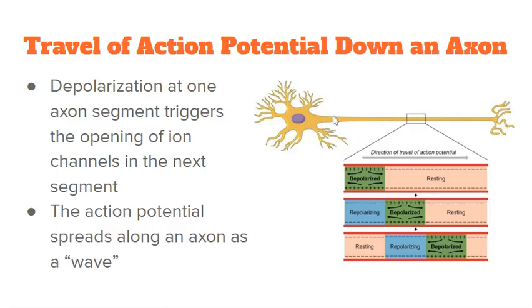So you get an area, not the whole axon, you get an area of the axon that's depolarized, and then that triggers depolarization in the next area, which triggers depolarization in the next section further down until that wave of depolarization reaches the axon terminals at the very end. So it spreads like a wave. You get a wave of depolarization followed by a wave of repolarization, and then we're returning back to resting potential.